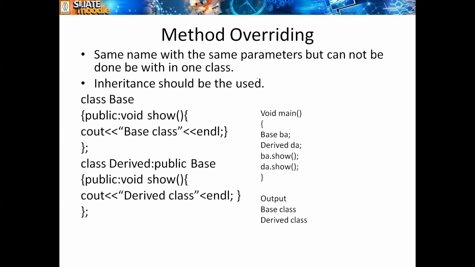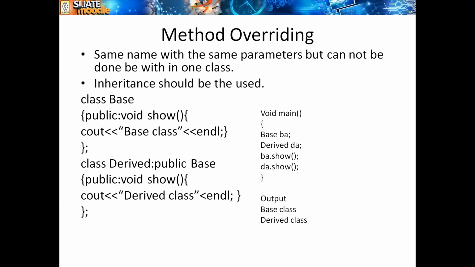Same name, same parameters means we can't define two of them in one class. For example, we can't use int x two times in the same class, and likewise we can't write the same method two times in one class. That means we need to use inheritance, and method overriding should be used.